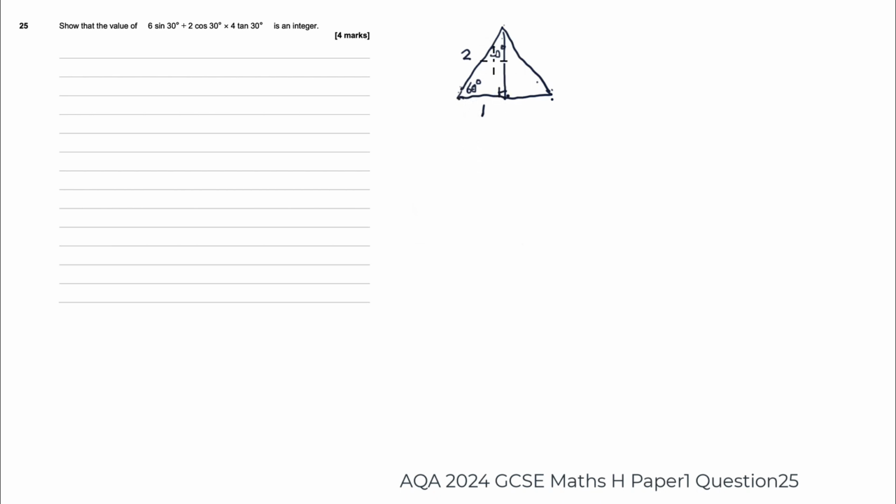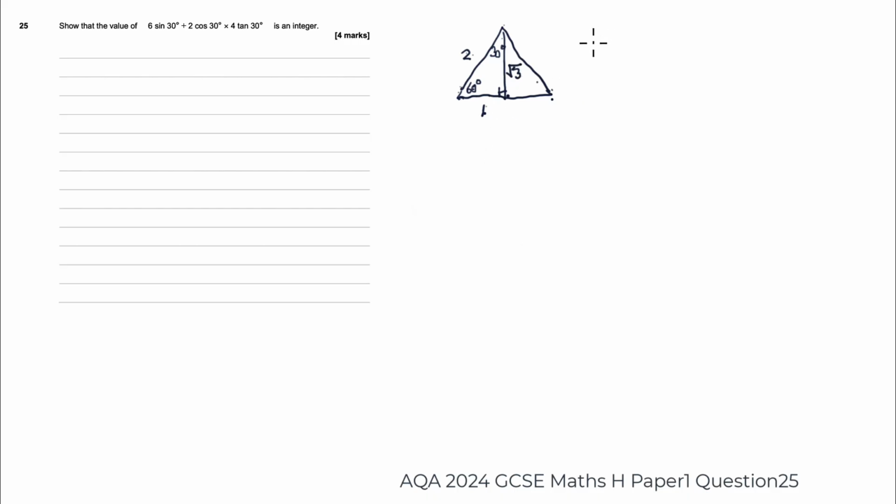Now, Pythagoras' theorem would tell you that this third side in a right-angled triangle would be the square root of the hypotenuse 2 squared minus one of the smaller sides squared. 2 squared minus 1 squared. 4 minus 1 is 3. So this third side of this triangle is root 3.